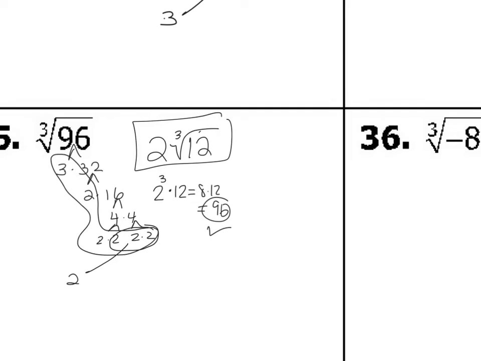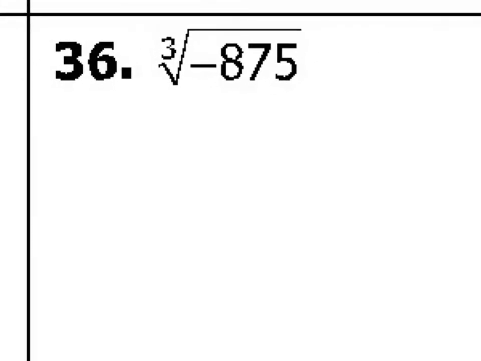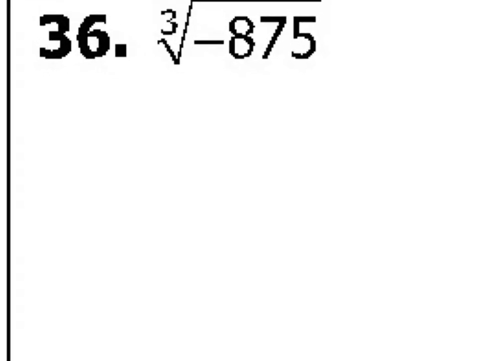And let's see, I got one more. I usually don't do all of them, but this one's a big one. All right, 875. Since we ended with a 5, I'm going to divide by 5. So 5 going there. 1, 7, 5. And let's see, I know 25 times 7, right?